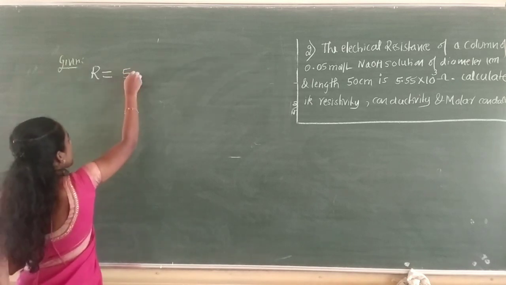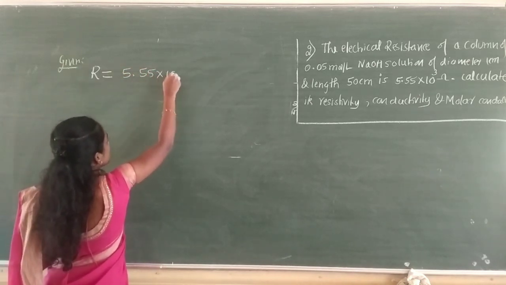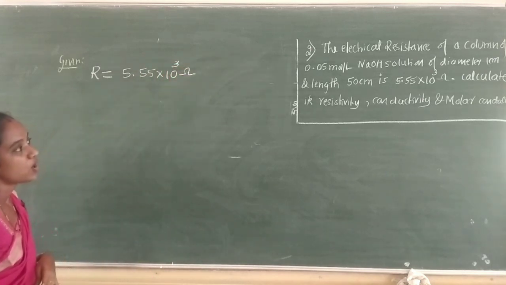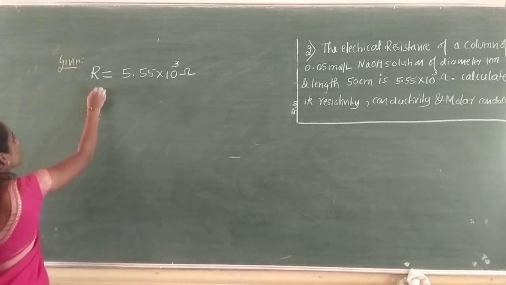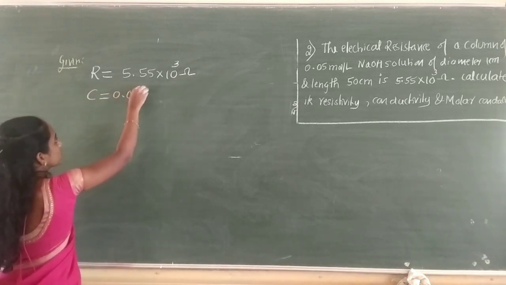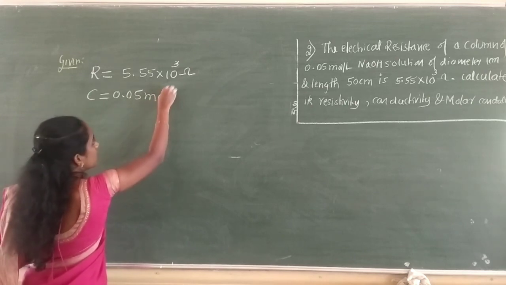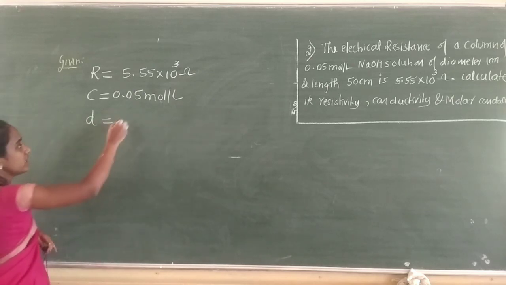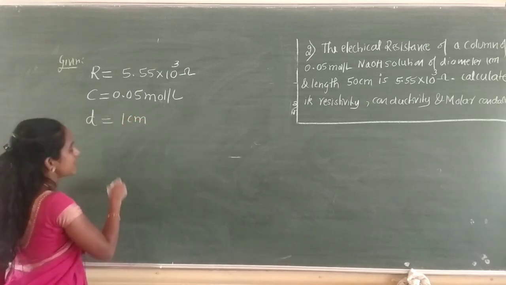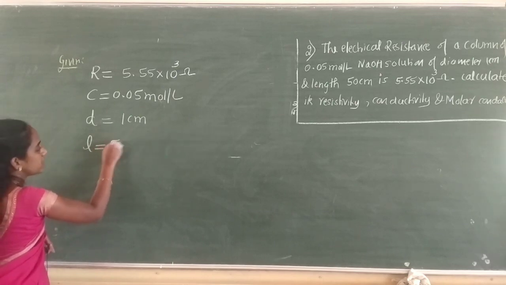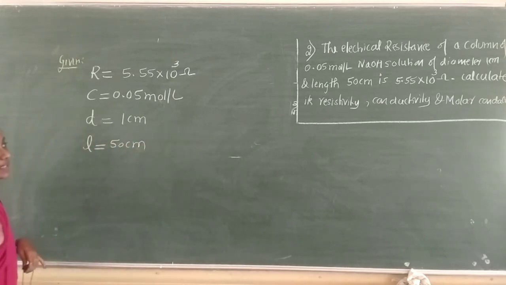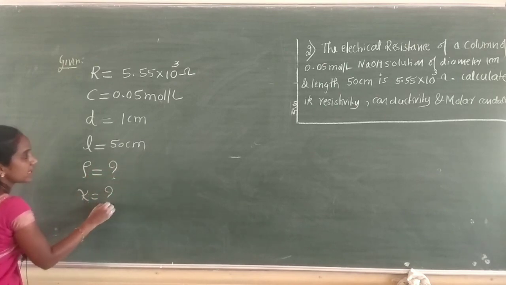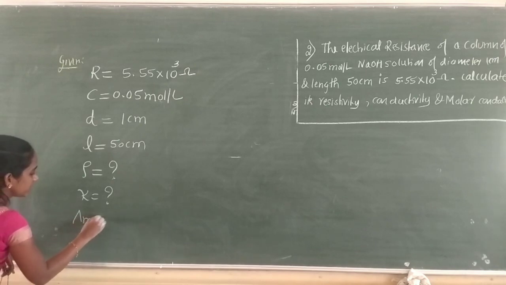That is 5.55 into 10 to the power 3 ohms of a column of concentration 0.05 mole per liter, of diameter, let us write small letter d, which is 1 centimeter, and length is 50 centimeter. Calculate resistivity and conductivity and also molar conductivity.